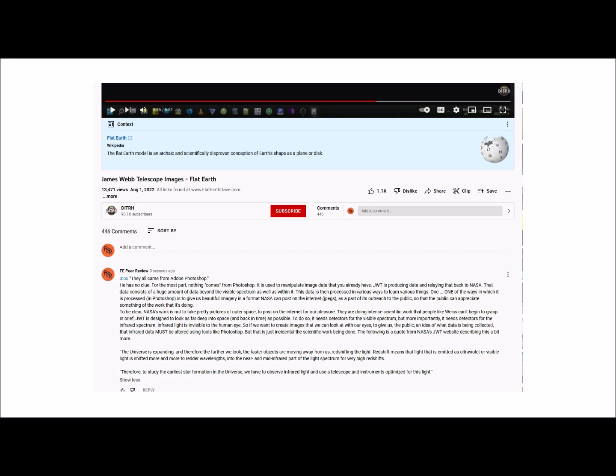So if we want to create images that we can look at with our eyes to give us, the public, an idea of what data is being collected, that infrared data must be altered using tools like Photoshop. But that is just incidental to the scientific work being done. The following is a quote from NASA's James Webb Telescope website describing this a bit more. And instead of reading that here, I'm going to go to a screenshot of the NASA website.